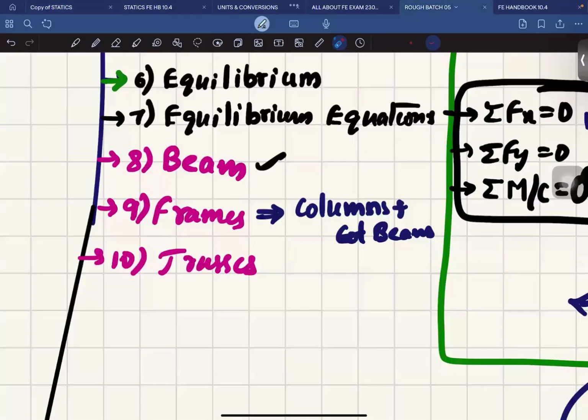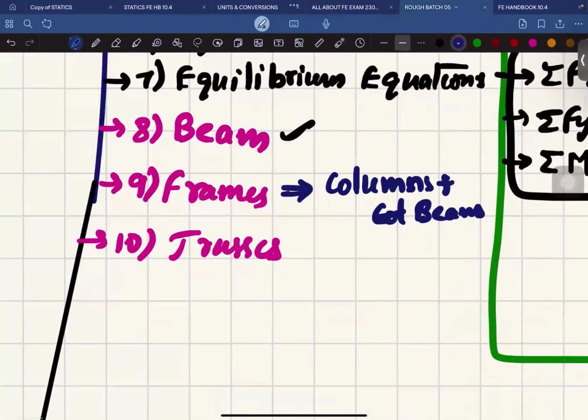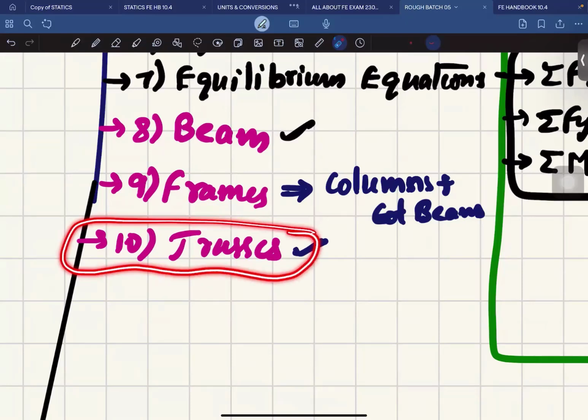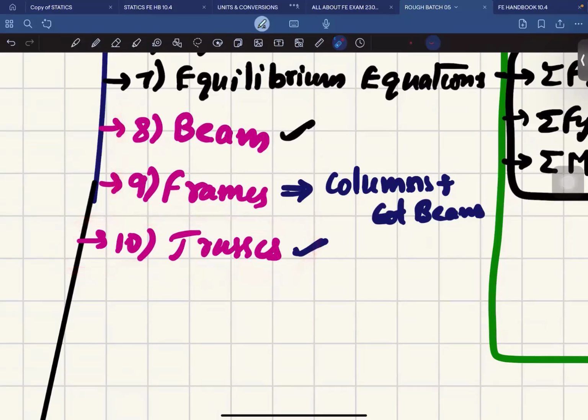After frames, the third thing is trusses. Tell me, guys, how are trusses different from beams and frames?